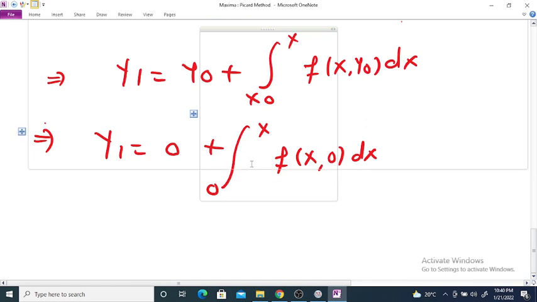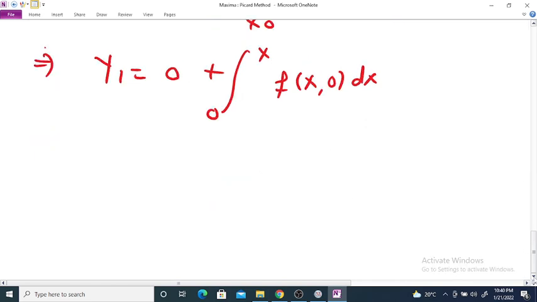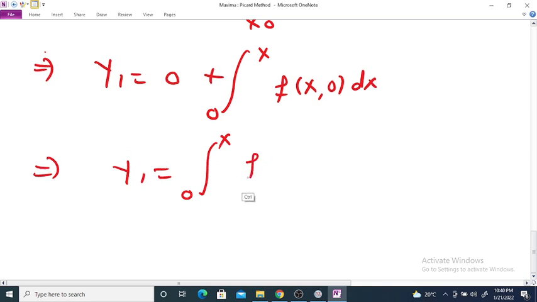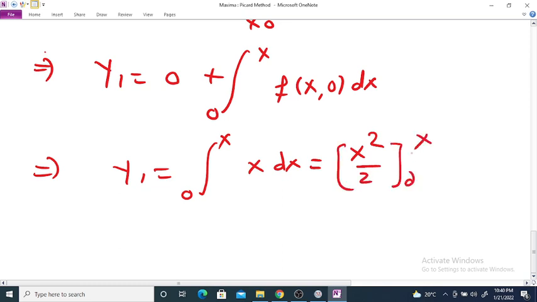Therefore y1 is the integral 0 to x of f of x y0, which is x dx. This is equal to x square by 2 from 0 to x, and therefore y1 is equal to x square by 2.